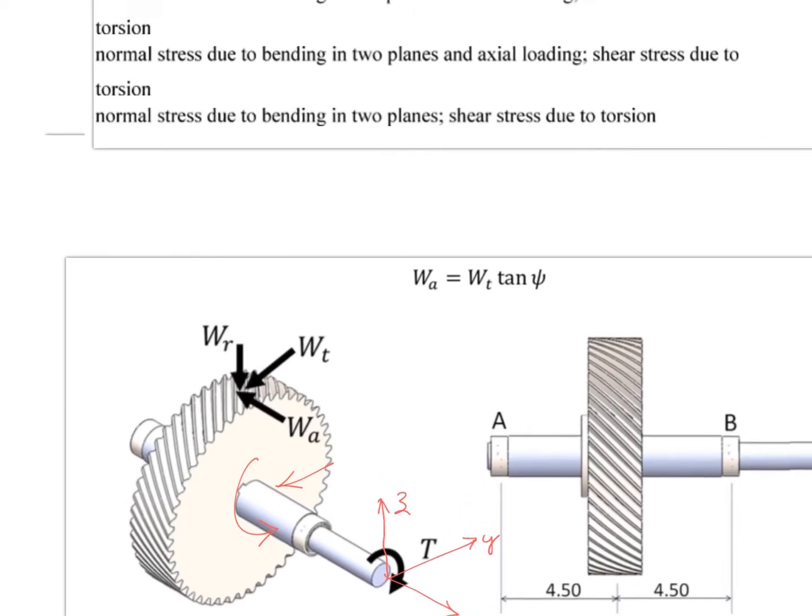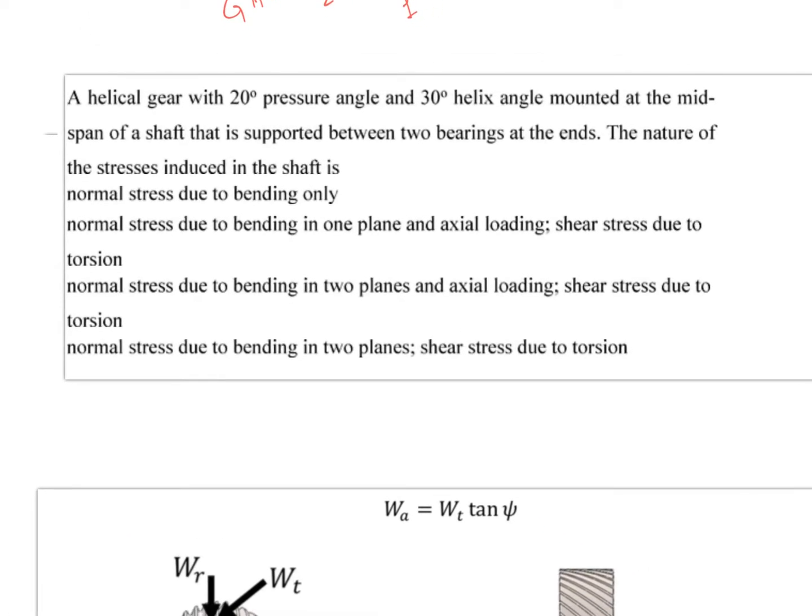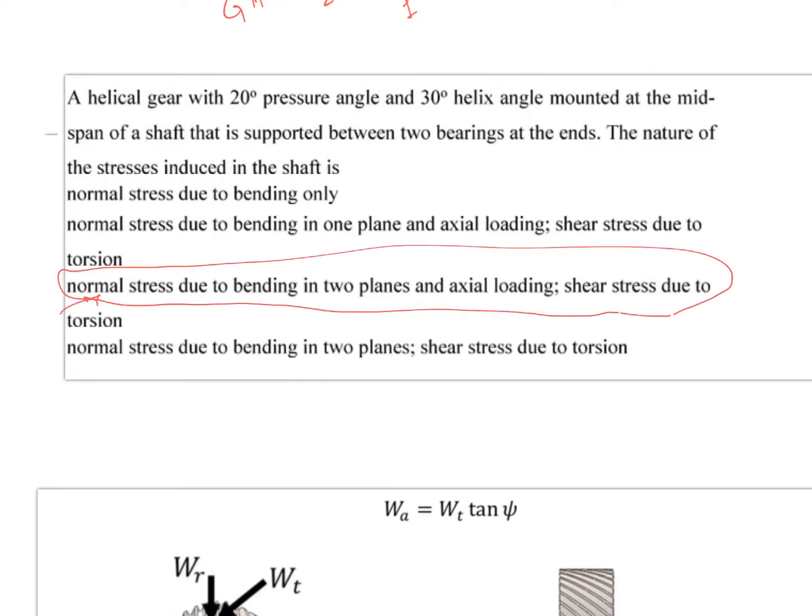Now let's go ahead and pick one of the options. I think the correct answer is this: normal stress due to bending in two planes and axial loading. So normal stress is because of the bending as well as due to the axial loading, WA. WA is arising only because of the non-zero helix angle.